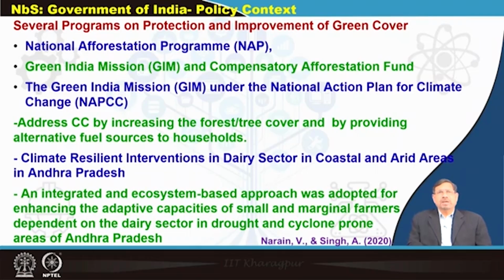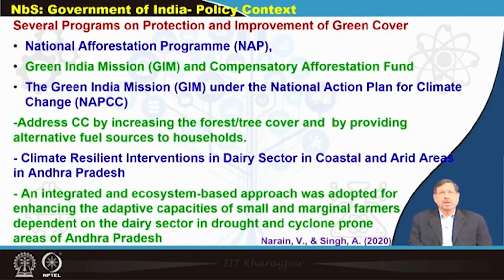Now coming to several plans, the government of India, like many other states, has several plans and programs in the line of nature based solutions to match the committed targets as far as our sustainable development goals and net zero targets are concerned.